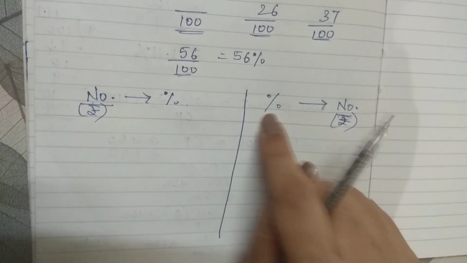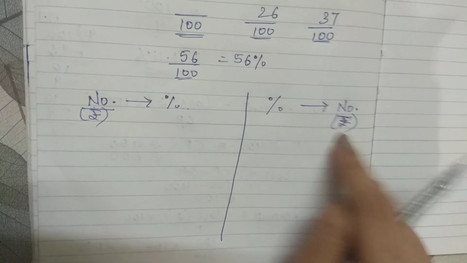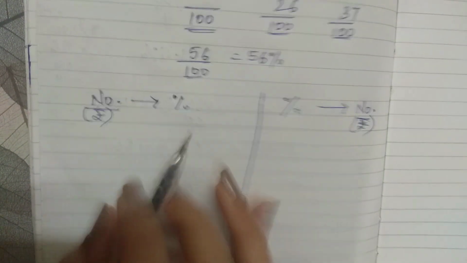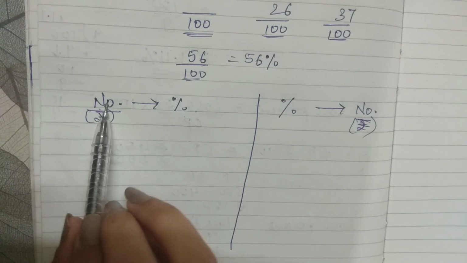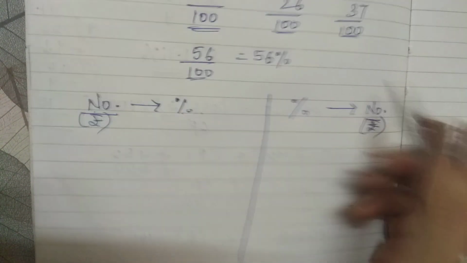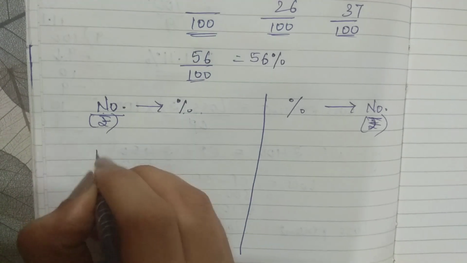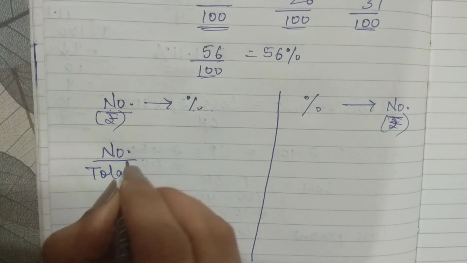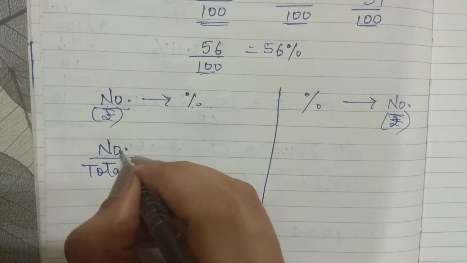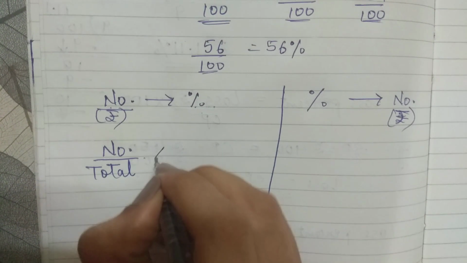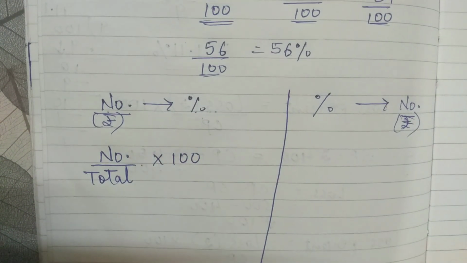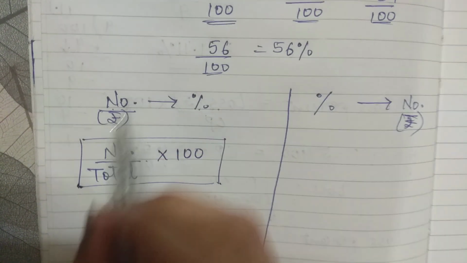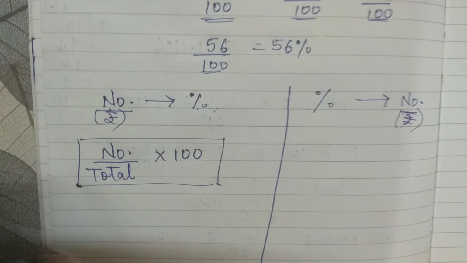Similarly, the percentage can also be converted into any number or the amount which we want to find. Now, what is the formula? Whenever we are going from number to percentage, what we have to do, that number out of the total. Okay, so there will be some total, multiply by 100. So this is the formula when we are converting a number into percentage.